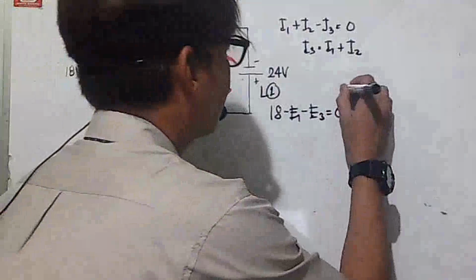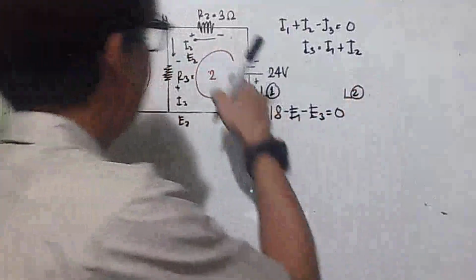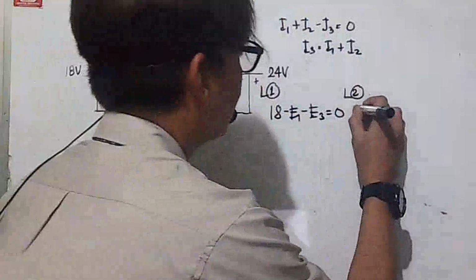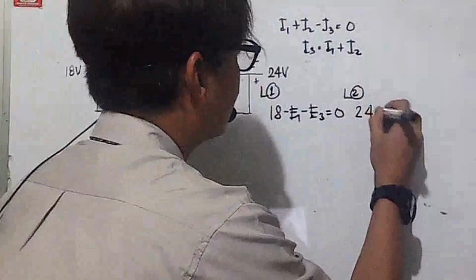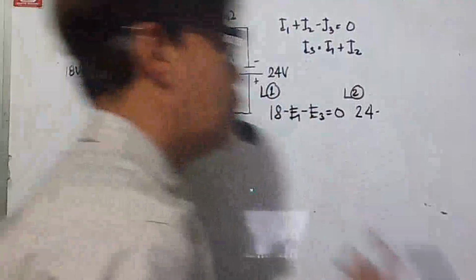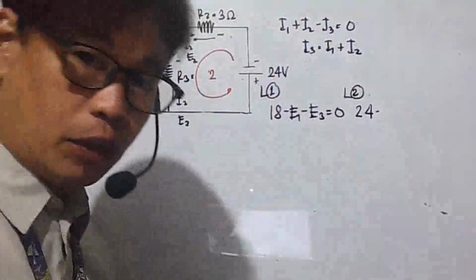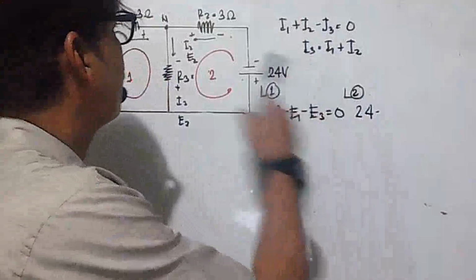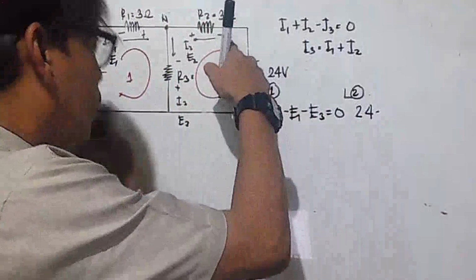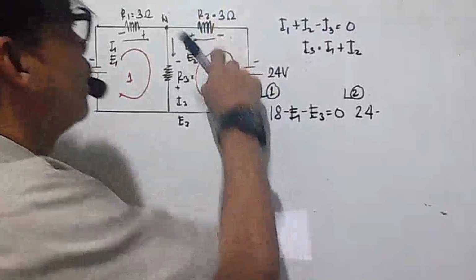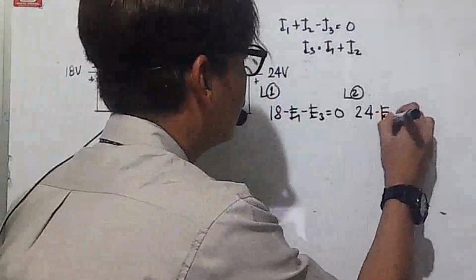Now let's try the second loop, this one. Here, 24 volts is positive. I'll be writing the units later since we're talking about voltage. We know the unit is volts, and in the file with my answer I put the unit volts. So 24, then going up is negative, so your E2 is negative, minus E2.